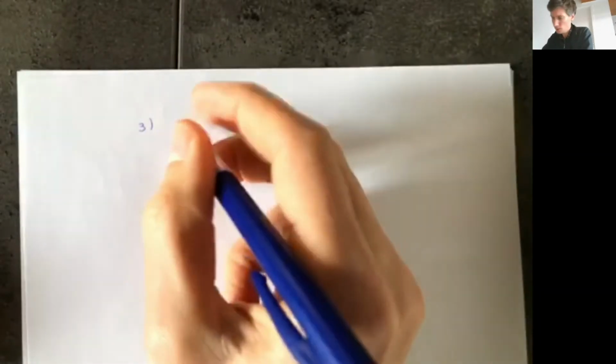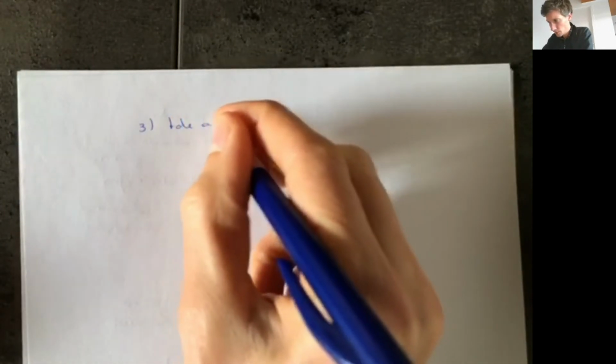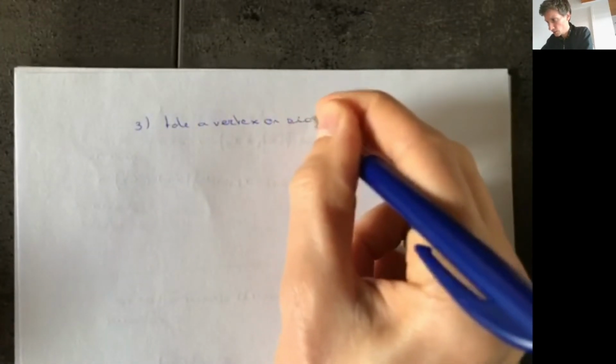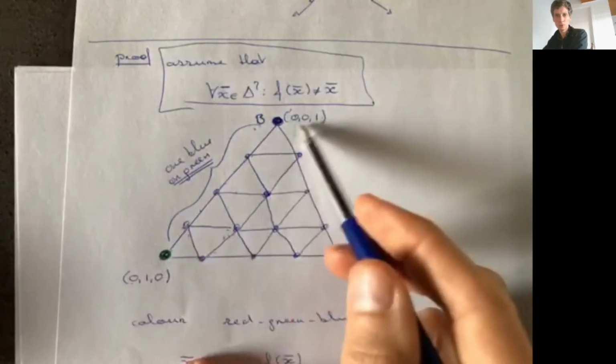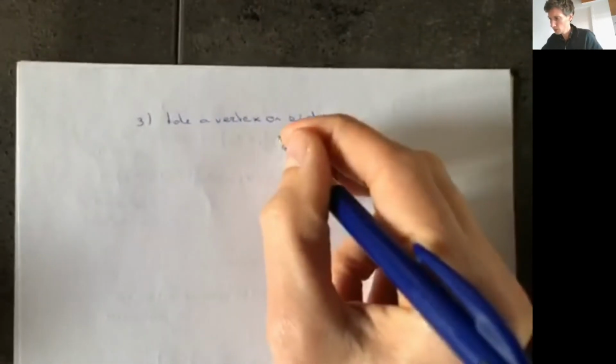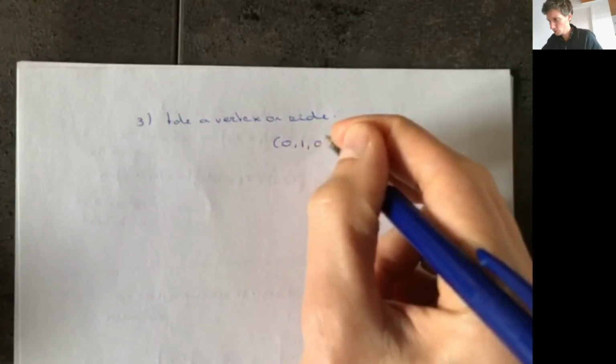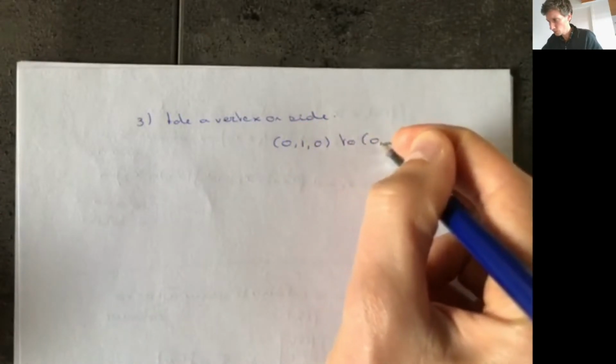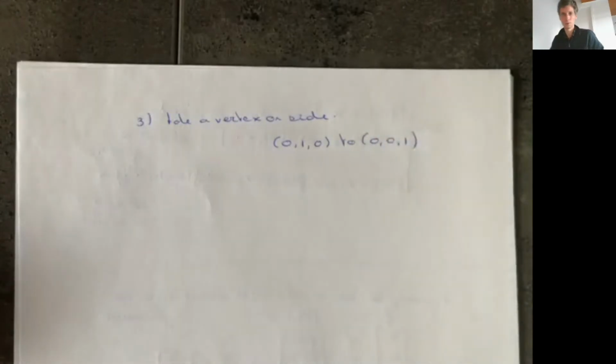Yes. Take a vertex on the side, so this is the side from 0, 1, 0 to 0, 0, 1.